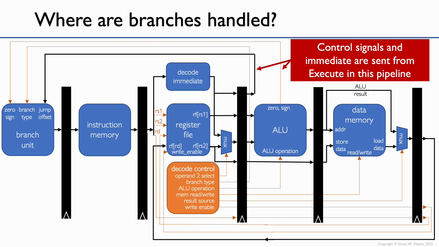Let's now look at where branches are handled. So we've got these control signals and the immediate sent from the execute stage in the pipeline. Now this is obviously going to cause a bit of a hazard, because we only realise once the conditional branch reaches execute whether we're going to do a branch or not.